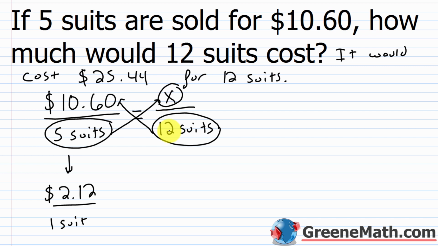When you cross multiply and set up the equation, you solve for the unknown, you get the correct answer of $25.44 for 12 suits. The other way would be to calculate the unit rate right off the bat, right? So you take the known information, get a unit rate, which is $2.12 per one suit, and then you could multiply $2.12 times 12, that's the number of suits you're looking for the cost for, and you'd find out also that it's $25.44 for 12 suits.